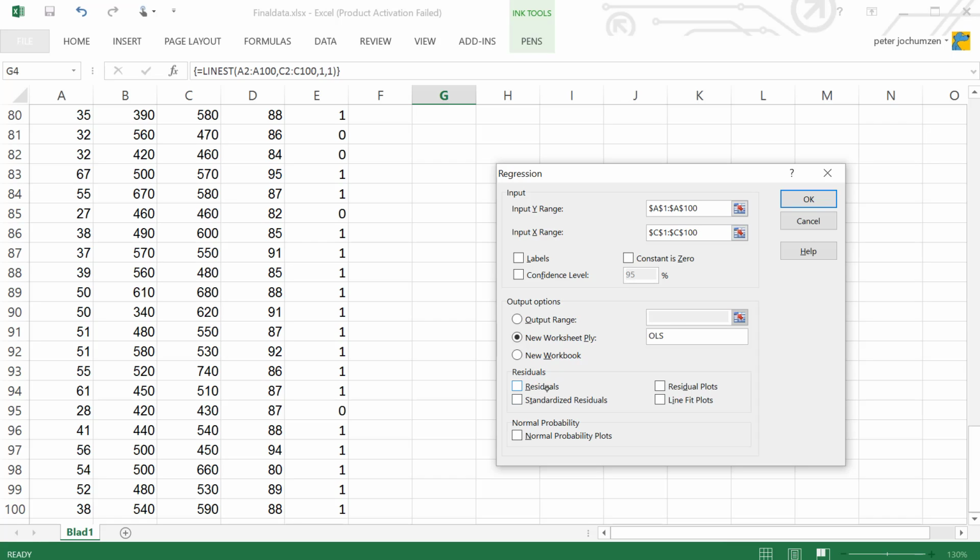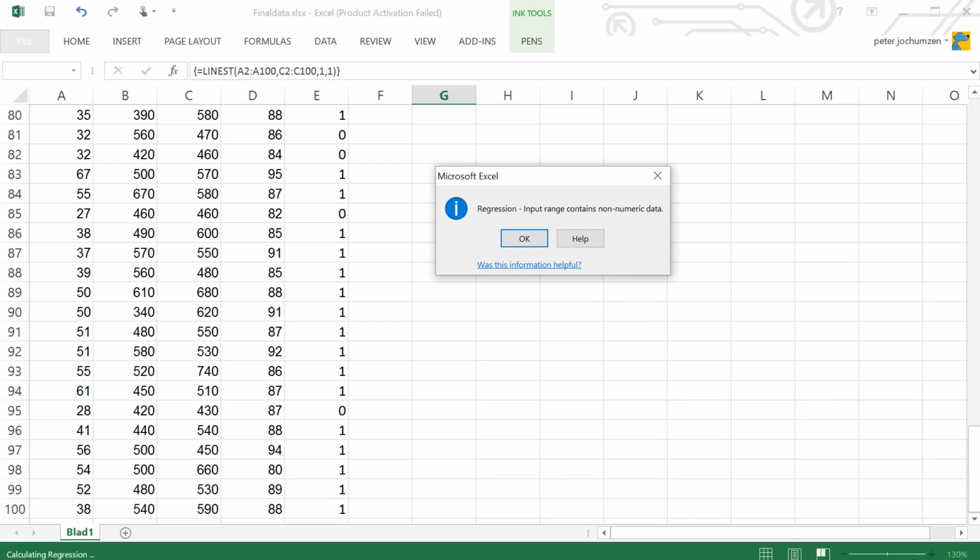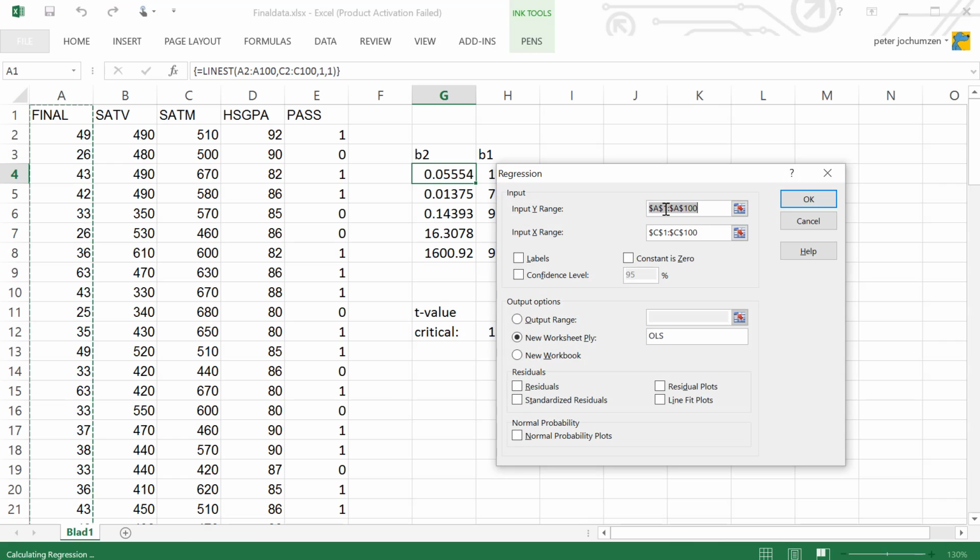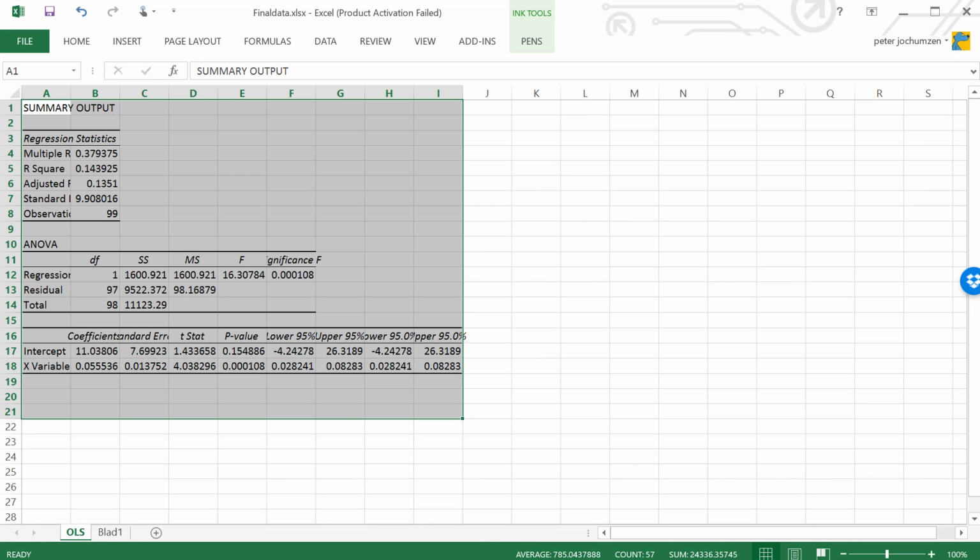And you can get some other stuff as well, like the residuals and a plot of the residuals. Let's just get this. Okay, so my mistake, don't include the title of the variable. So let's change the 1 here to 2. This was irritating. Like this, so it goes from A2 to A100, and C2 to C100.